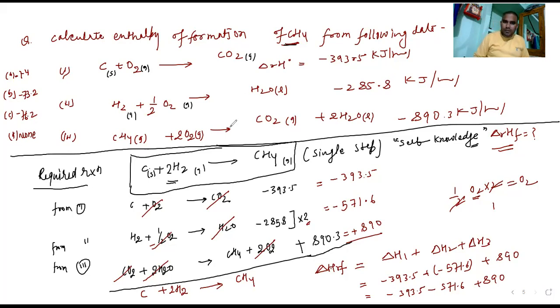Wait, this 0.3 we are missing. And what is there in this equation? 285.8. So, 571.6. I think something is off.